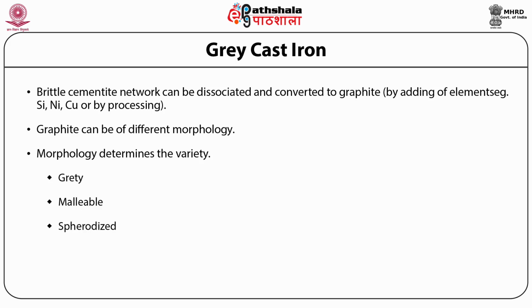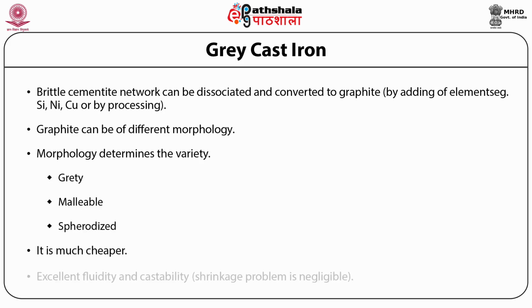If the graphite has flaky morphology, it is called grey cast iron. Generally, flaky graphite forms during cooling after pouring in the mold during casting. The properties of grey cast iron are: number one, since making grey cast iron requires a much lower temperature than steel, it is much cheaper than steel.